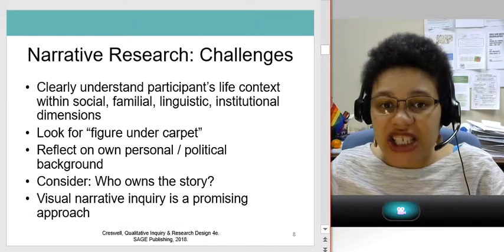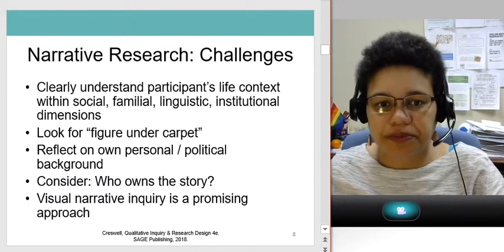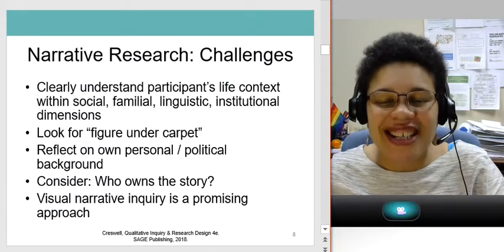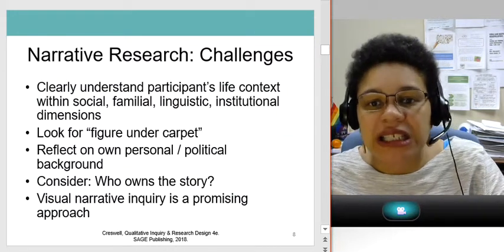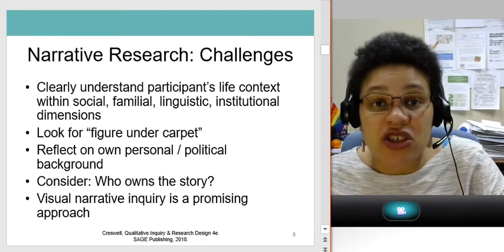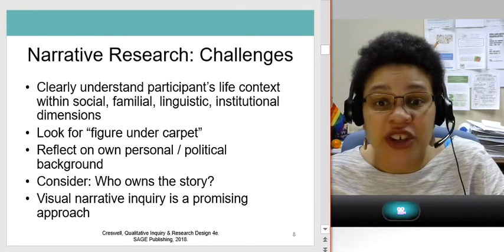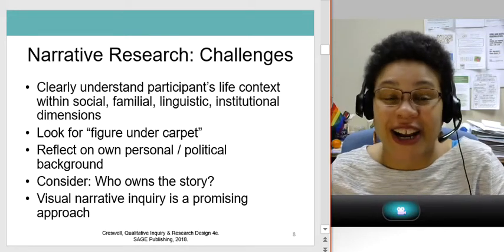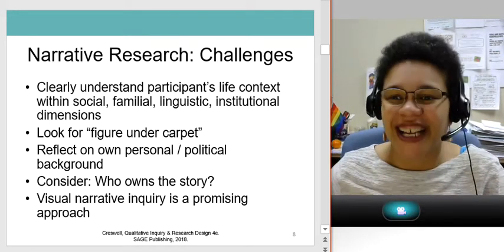Now, there are some challenges to narrative research. It's hard to clearly understand a person's life context within their social, familial, linguistic, and institutional dimensions, particularly if you're not from the same social group, family, or language background and in the same institution.